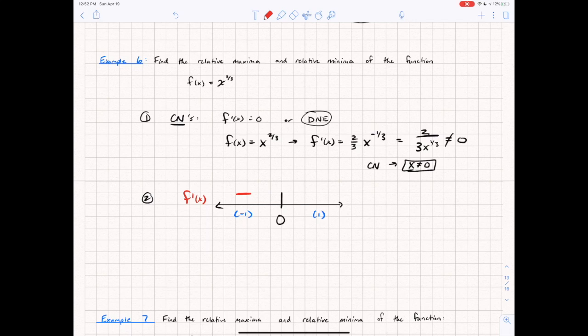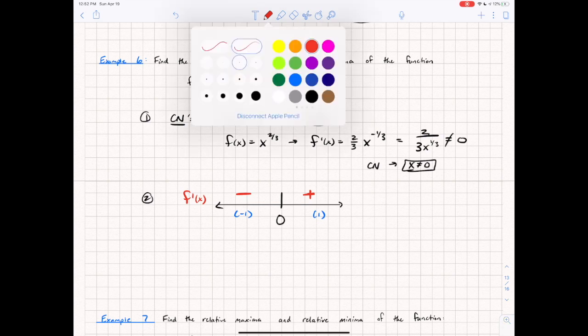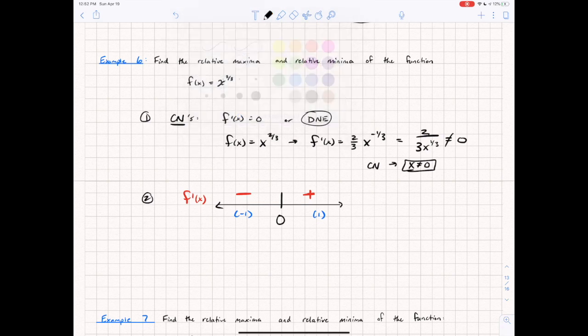If I plug in +1, hopefully you see that this would come out to be positive, meaning that this graph is decreasing to 0 and then increasing afterwards. So this is describing a relative minimum at x is equal to 0.